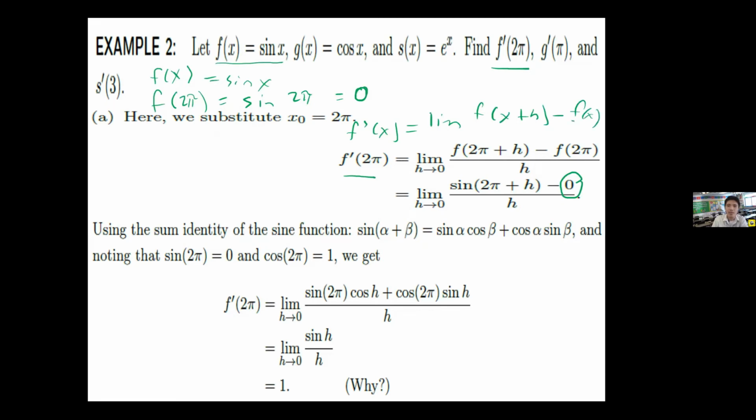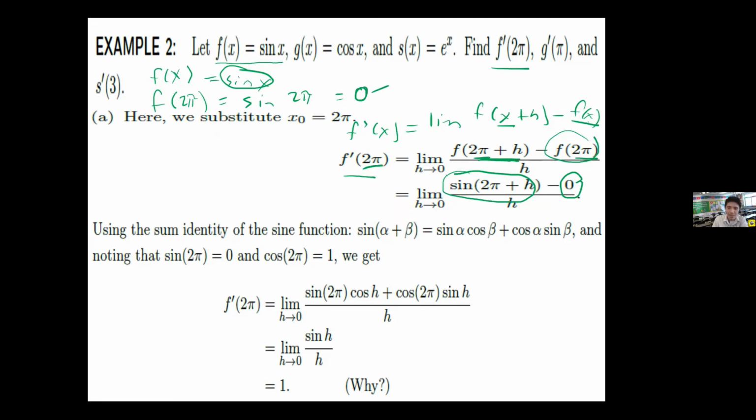So, kung ang x dire ilisdan nato og 2 pi, and then limit of, ang f of x nato kaniman sin x. So ilisdan nato og 2 pi plus h, mao na siya nahimog sin of 2 pi plus h. Tapos kaning f of 2 pi mao to atong gisolve nga 0. Tapos all over h.